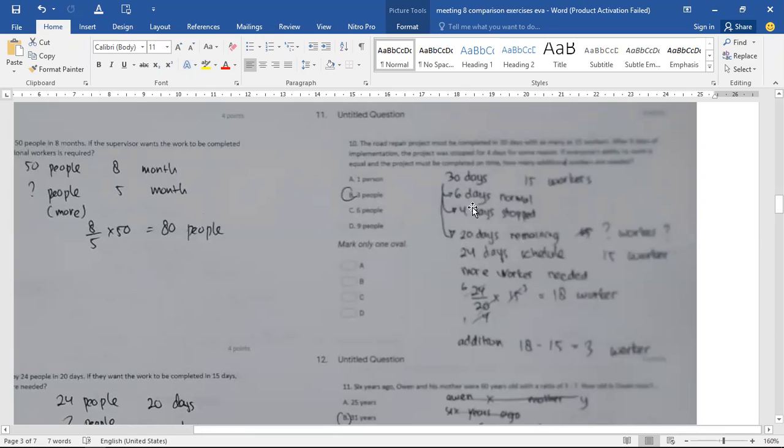Don't be confused. Analyze the story first, and then also pay attention to the question. Do they need all the worker quantity or only the addition? If they need all the workers, it is 18 workers. If they need only the addition, 18 minus 15, so 3 workers only.